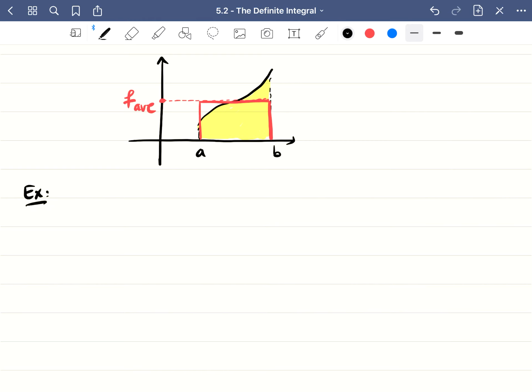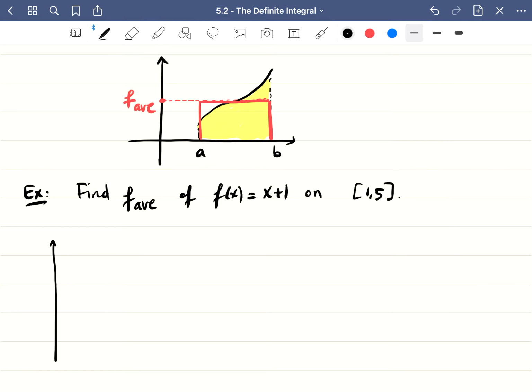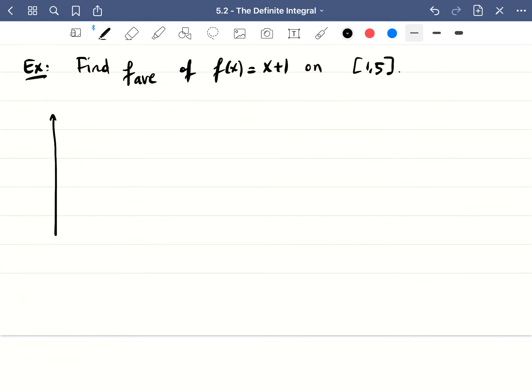Okay, let's find the average value of this function, x plus 1, on the closed interval [1, 5]. Let me first draw the graph. So this is just a line.